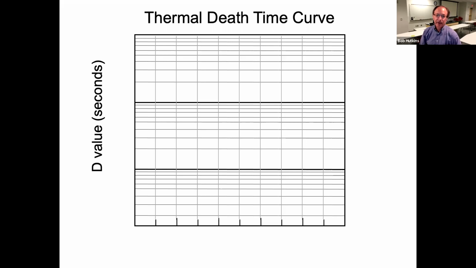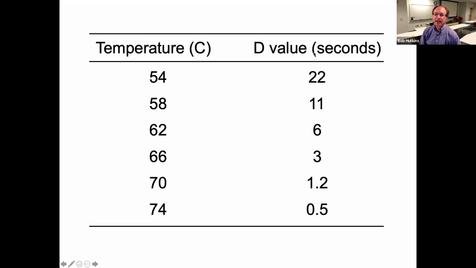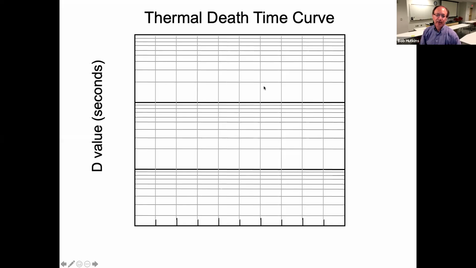So again, D values were in seconds, and they range from 0.5 up to 22. So we have to make sure that we make our scale to accommodate 0.5 up to 22. So let's read off. 0.1 is here. What's this value? 0.2, 0.3, 0.4, 0.5, 1, 2, 3, 4, 5, 6, 7, 8, 9, 10, 20, 30, 40. So we can accommodate 22 and 0.5 and all the points in between.